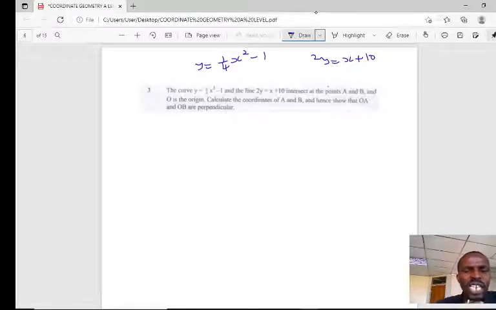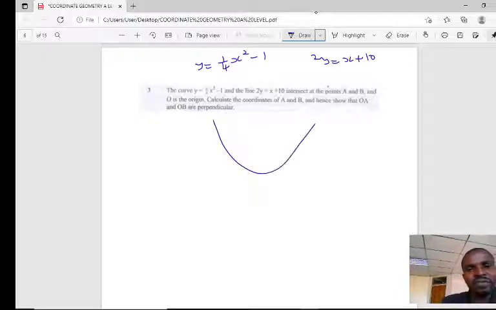Right, so first thing, you want to calculate the points of intersection of a line and the curve, which are A and B. Right, so you can just sketch. Here, this one is just the curve. Since it's quadratic, it's just like this. Then the line, I can just put my line like this.